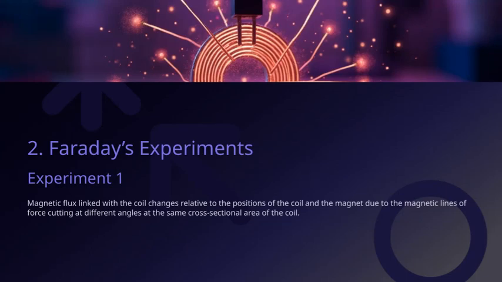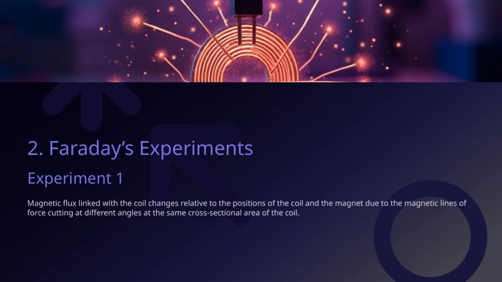Let's take a closer look at how magnetic flux linked with the coil changes as the position of the coil and the magnet varies. Essentially, the magnetic lines of force are cutting through the coil at different angles, even when the cross-sectional area stays the same. This variation in the angle affects how much magnetic flux is linked with the coil at any given moment.